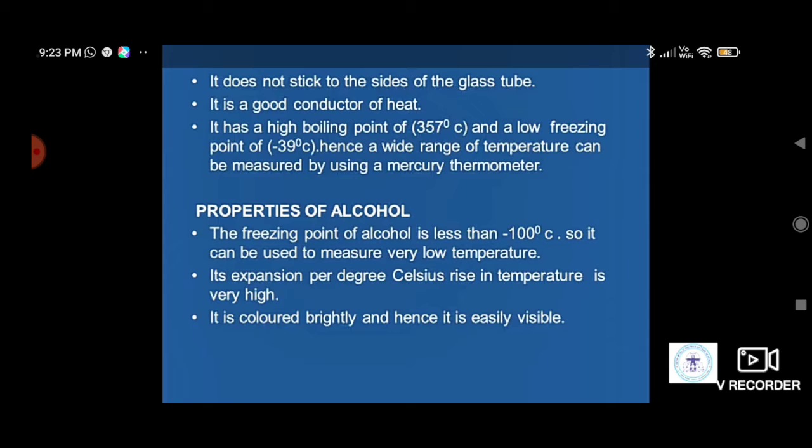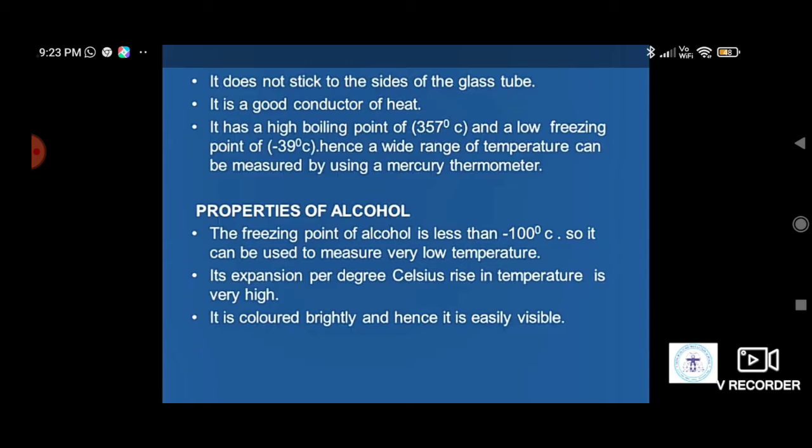It does not stick to the sides of the glass tube. It is a good conductor of heat. It has a high boiling point of 357 degrees Celsius and a low freezing point of minus 39 degrees Celsius. Hence, a wide range of temperature can be measured by using a mercury thermometer.